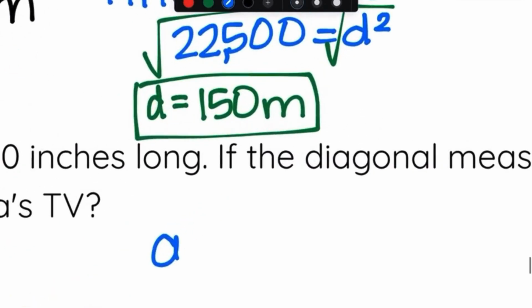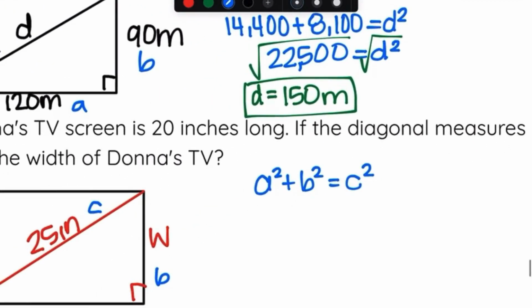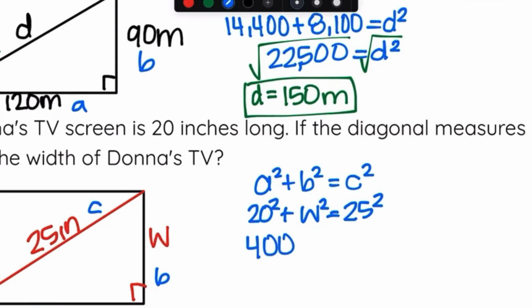So if I go ahead and A squared plus B squared is equal to C squared. And so I get 20 squared plus my unknown W squared is equal to 25 squared. So I get 400 for 20 squared, and 25 squared is 625.